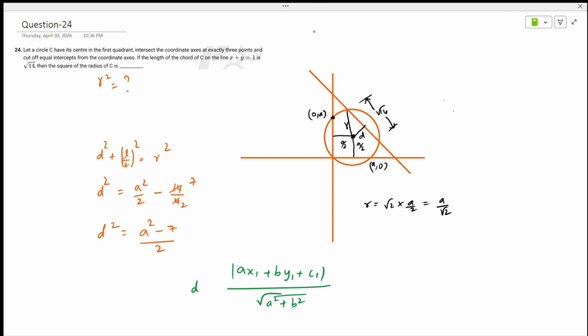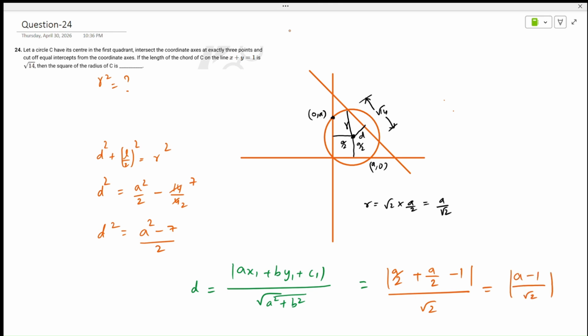This is the distance of a point from a line. So which is equal to x coordinate is a by 2 plus y coordinate is a by 2 minus 1 by root 2, which is equal to a minus 1 by root 2.